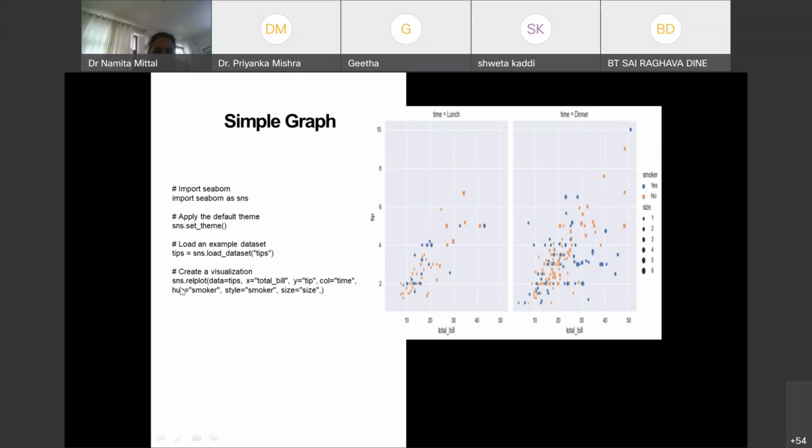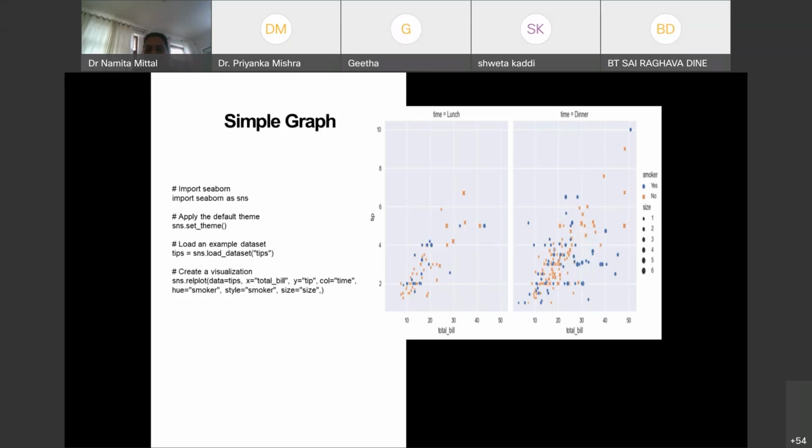Again, this SNS, our Seaborn, is basically for the cat plot. Cat plot stands for category plot. So far we have seen examples of bar, pie, and line. Now what if we have millions of data points in different classes?